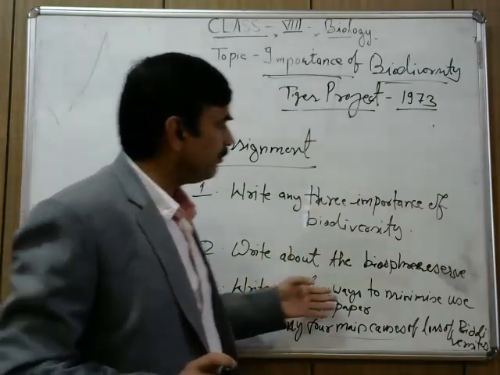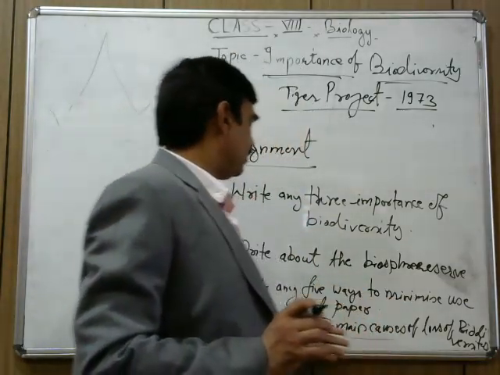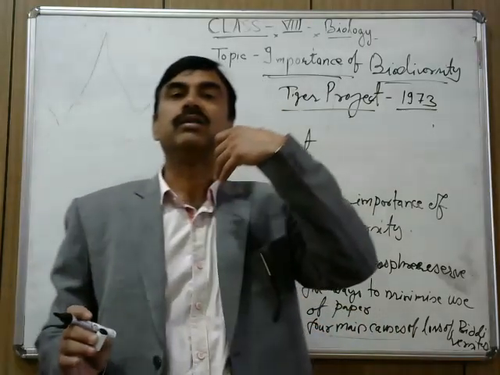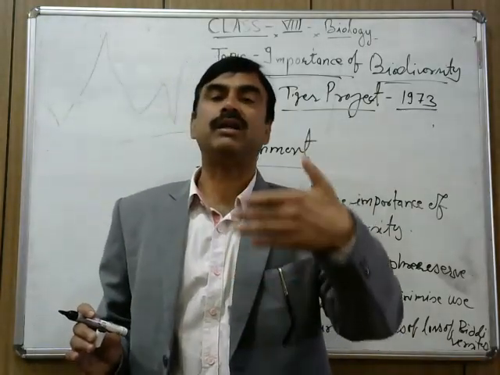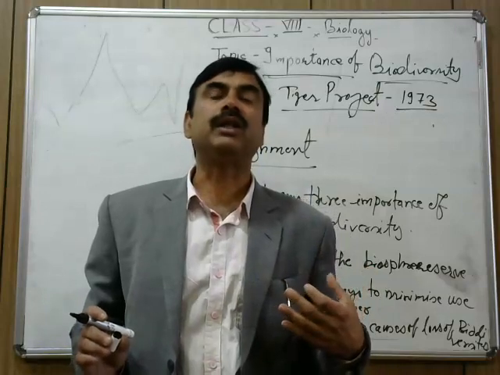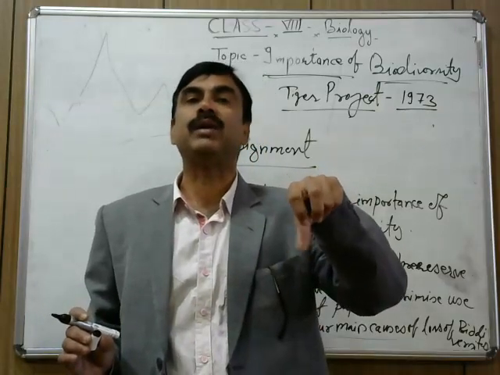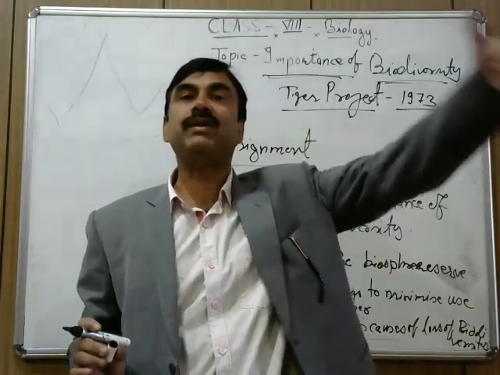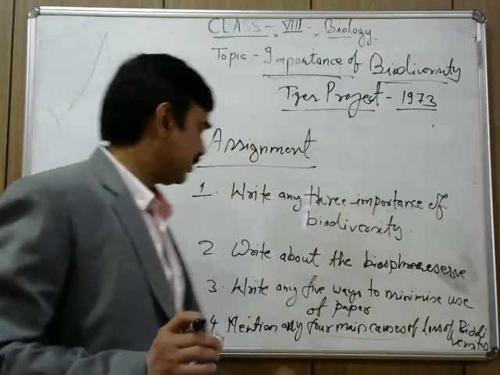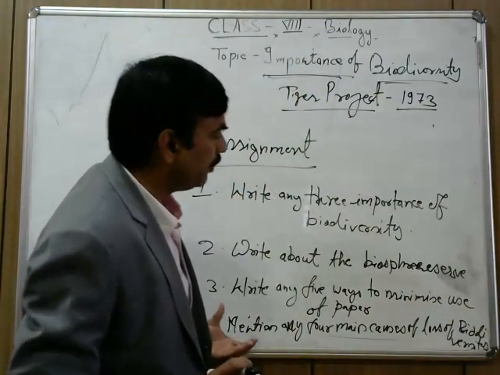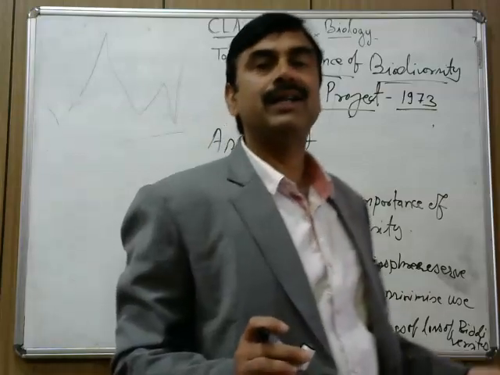Now, any five ways to minimize the use of paper. We should see alternatives to paper. We should think how paper use can be minimized, because of this, we will be saving our plant species. Now, mention four main causes of loss of biodiversity.